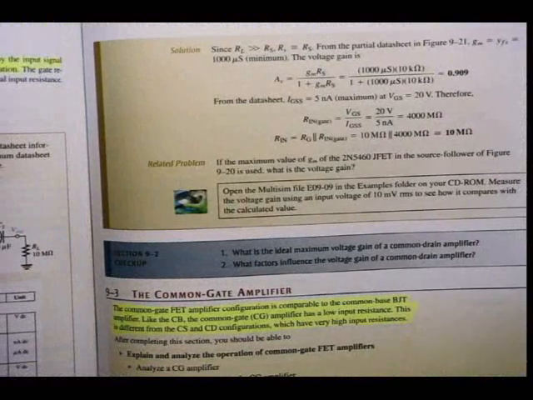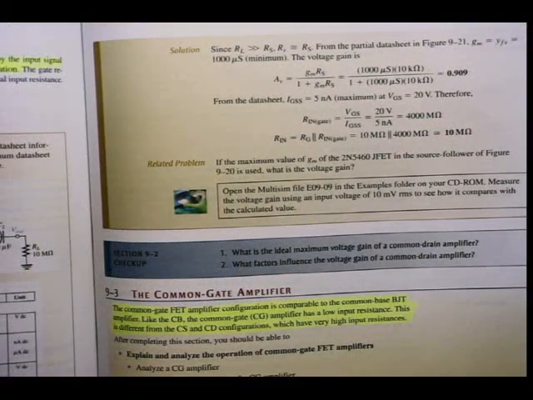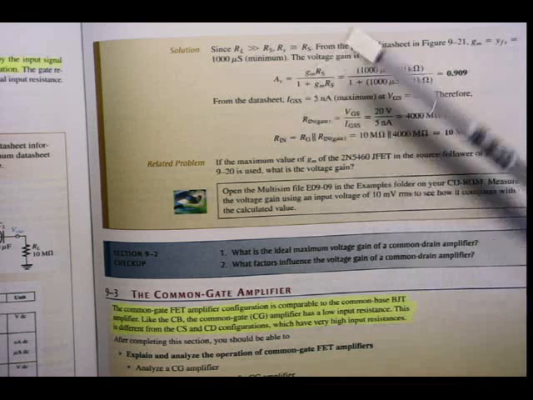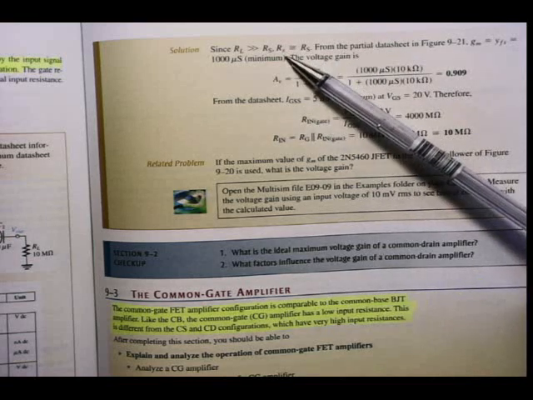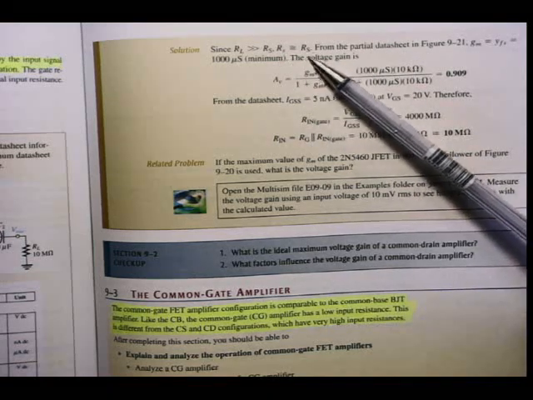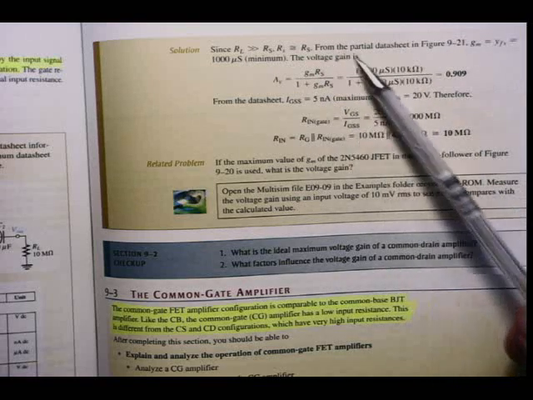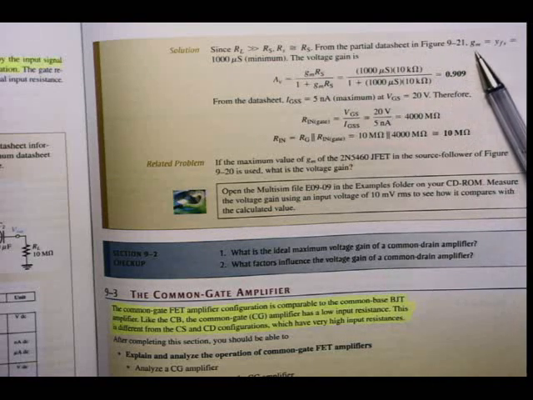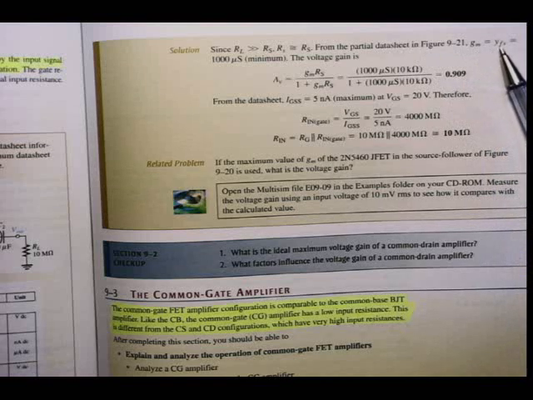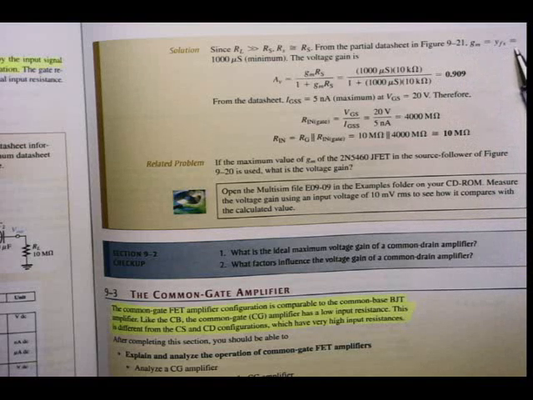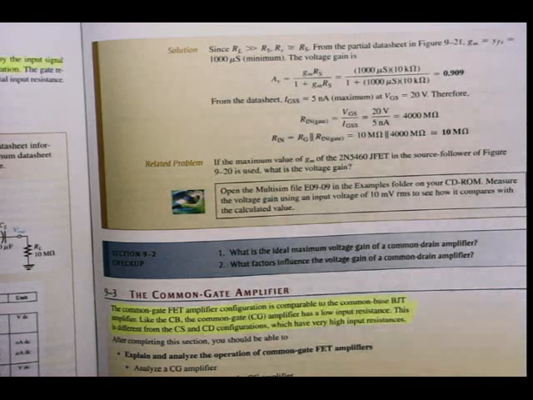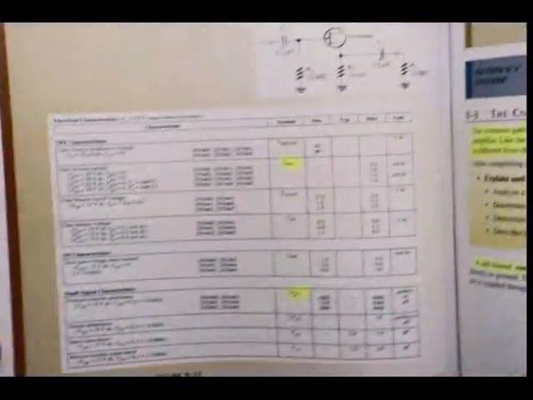Since RL is much larger than RS, I can assume that the AC component r lowercase s is equivalent to RS, the DC component. Then from the partial data sheet in figure 9.21, gm, which you also know is on the data sheet as YFS. Let's go and see, can you find that value on the data sheet?